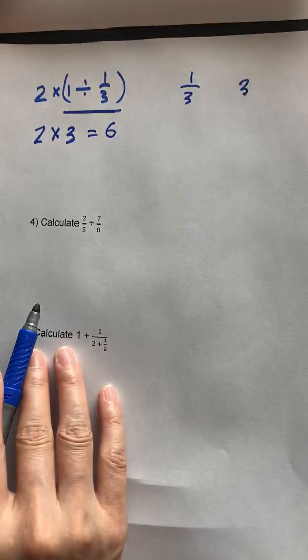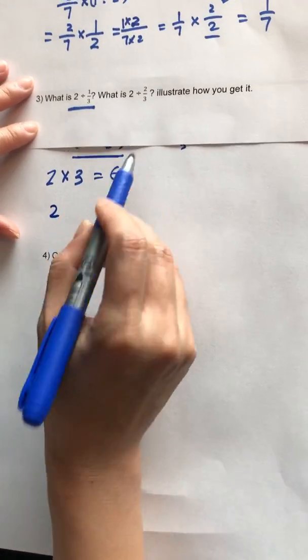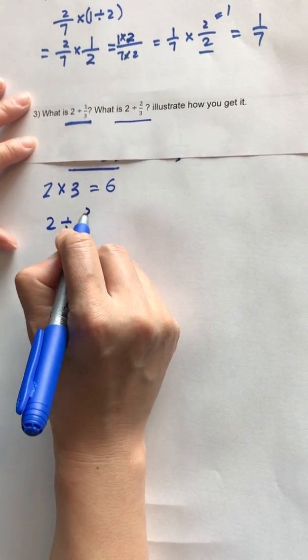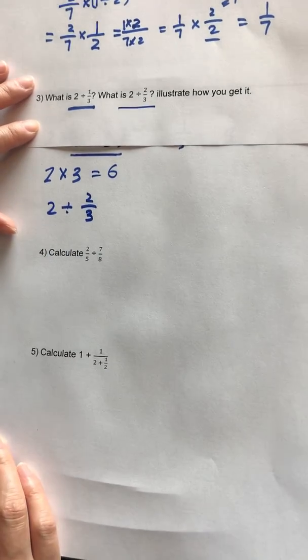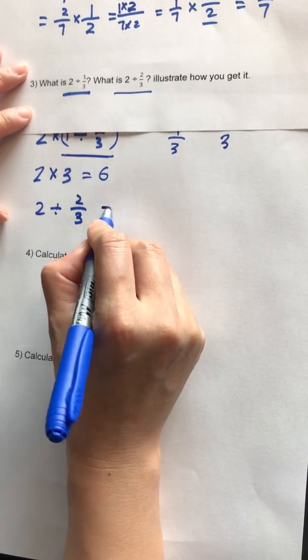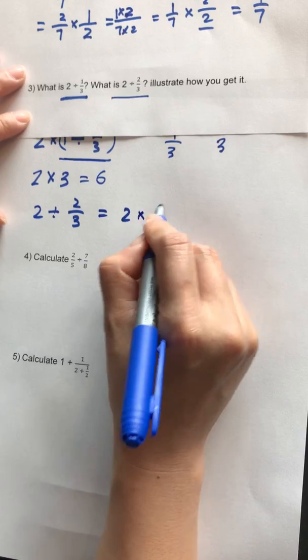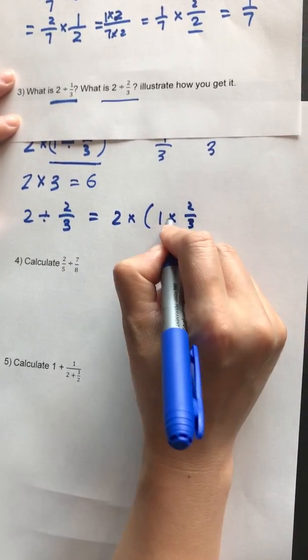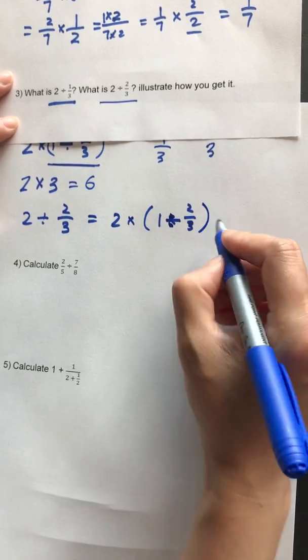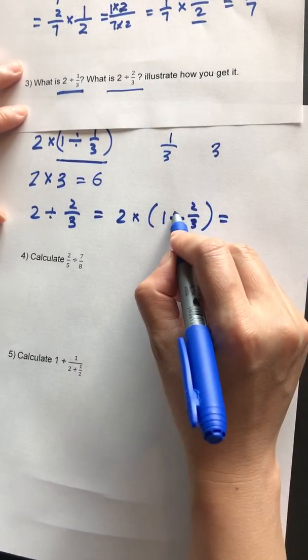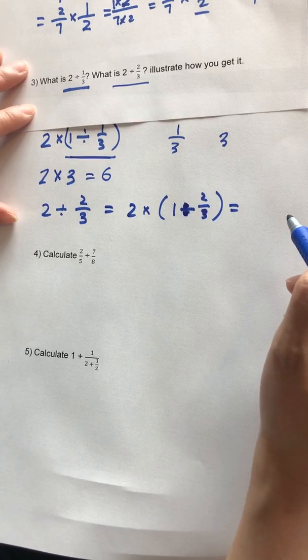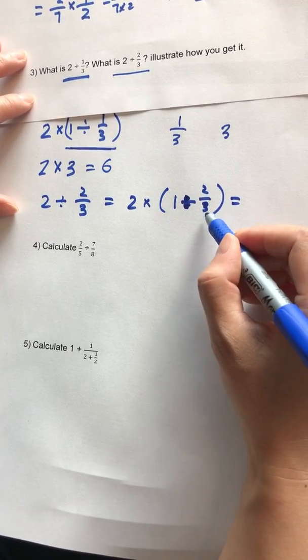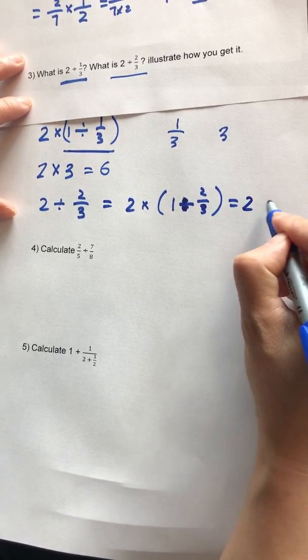Oh, I'm sorry. So here is another one: 2 divided by 2/3. I'm going to write this one again. So 1 divided by 2/3 should be the reciprocal of 2/3.